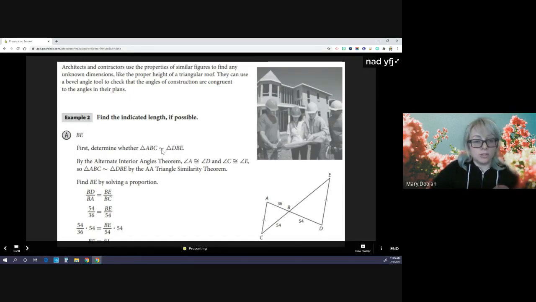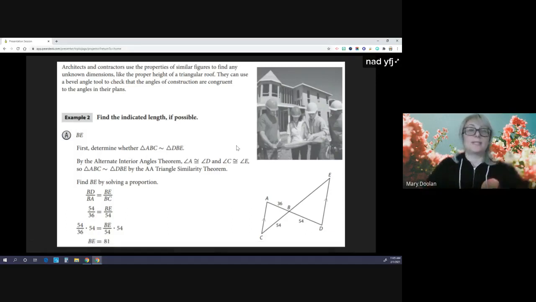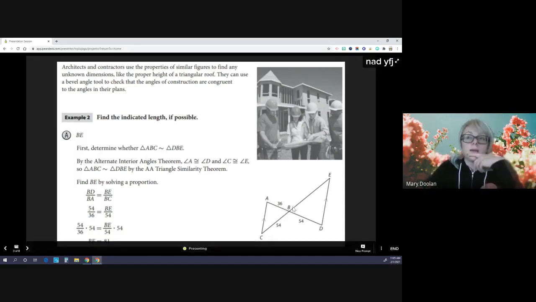This little squiggle is the notation for similar to. We have to determine if they're similar, and then if they are similar, we can use a proportion to solve for a missing side length, BE.